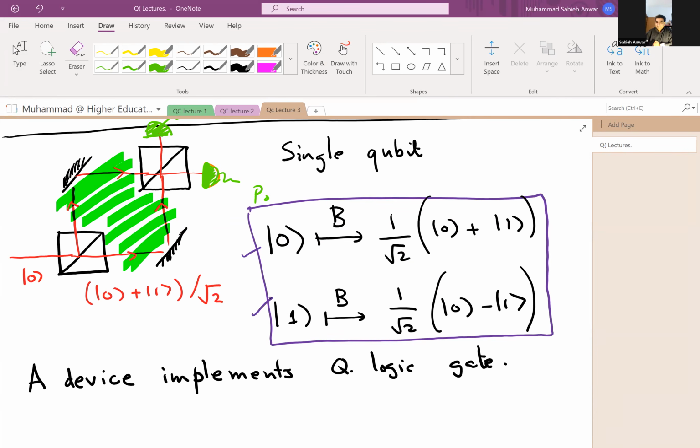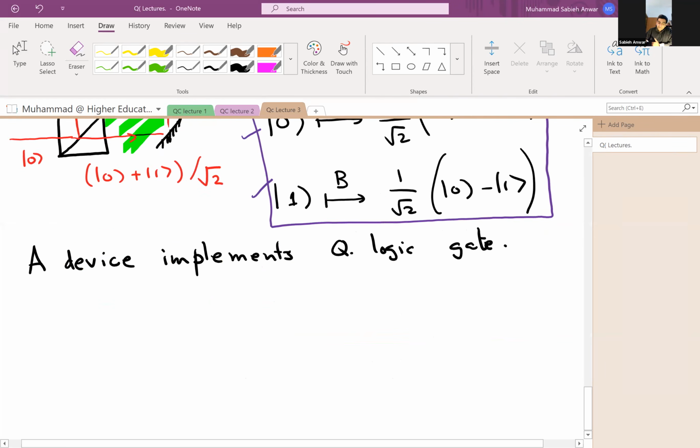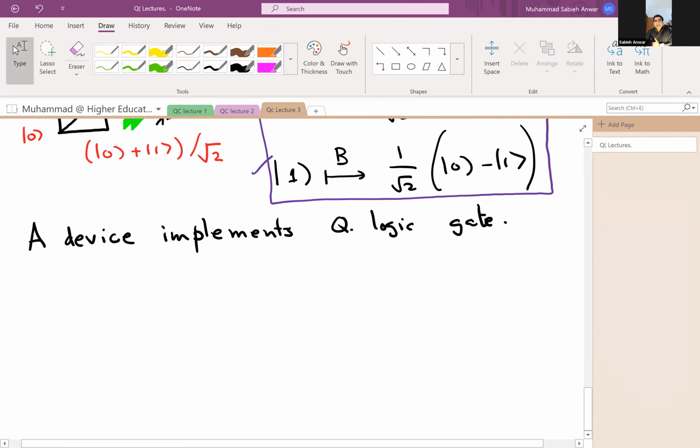All right. So this is what the truth table is all about. You need to know what it does to ket 0, and you need to know what it does to the other basis state, ket 1. So this beam splitter implements a quantum logic gate.